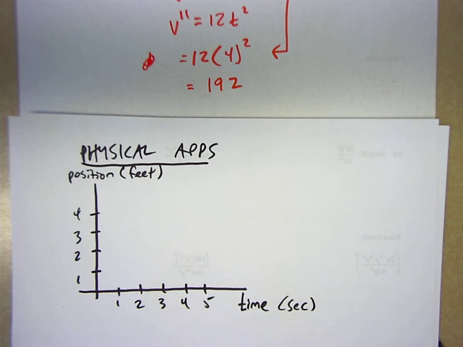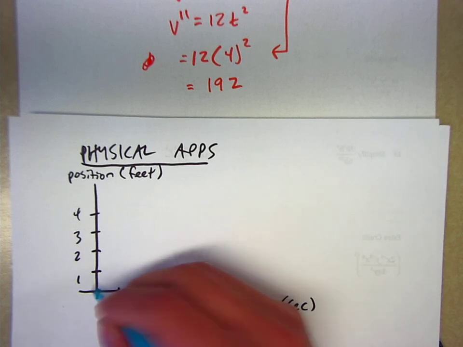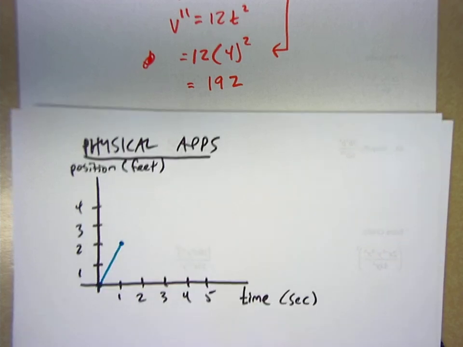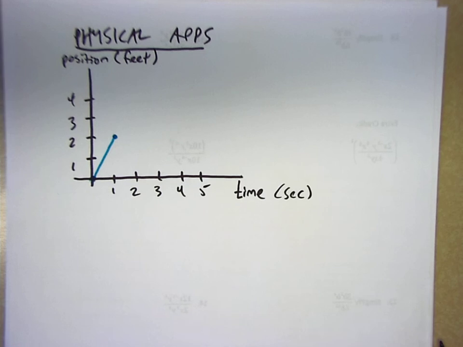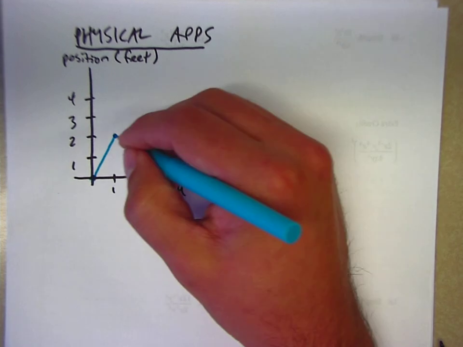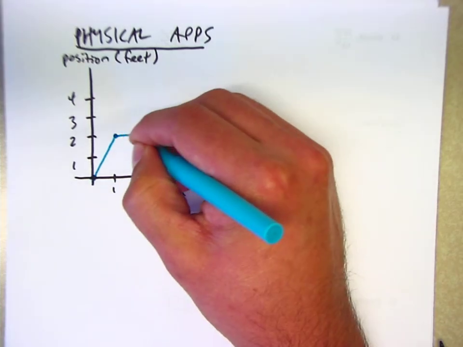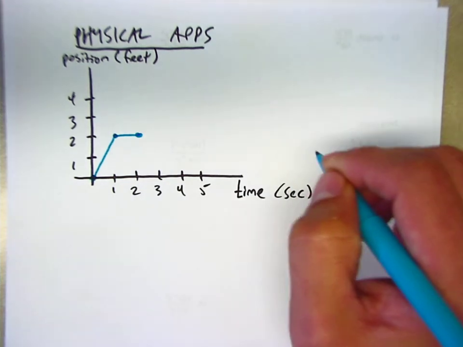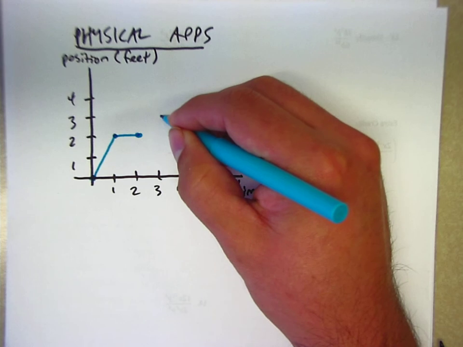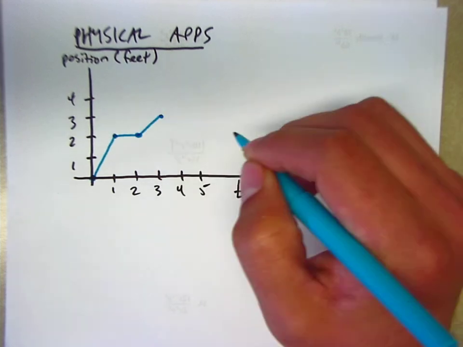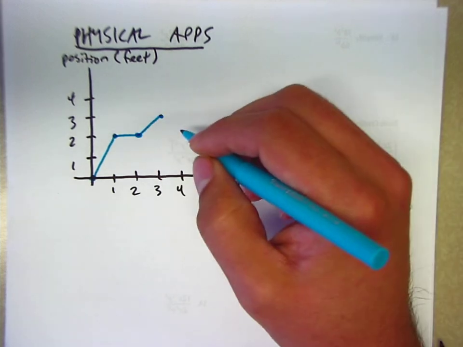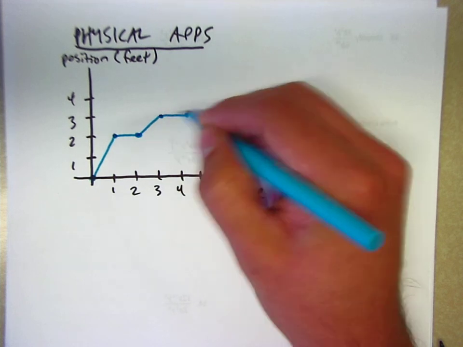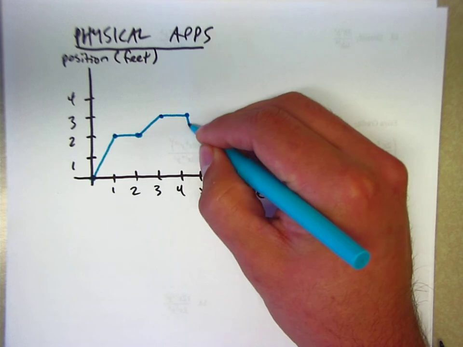Let's say I go from 0, 0 to 1, 2, and then connect over here to 2, 2. Then we go up to 3, 3, connect over to 4, 3, and then we go straight down over to 5.